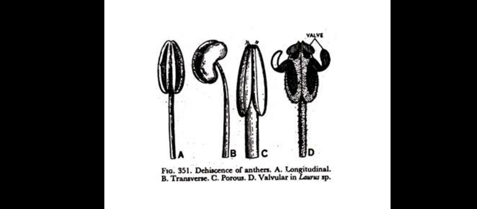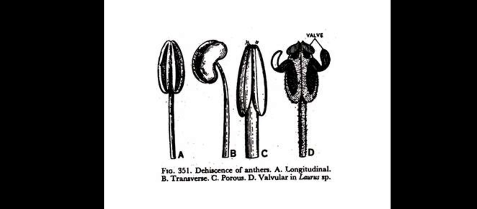This is the diagram which shows the dehiscence of anther. The first one is longitudinal, where we can see along the line of the axis of the filament or the anther lobe, it dehisces. In case of the transverse, that is B, it is found in Malvaceae.